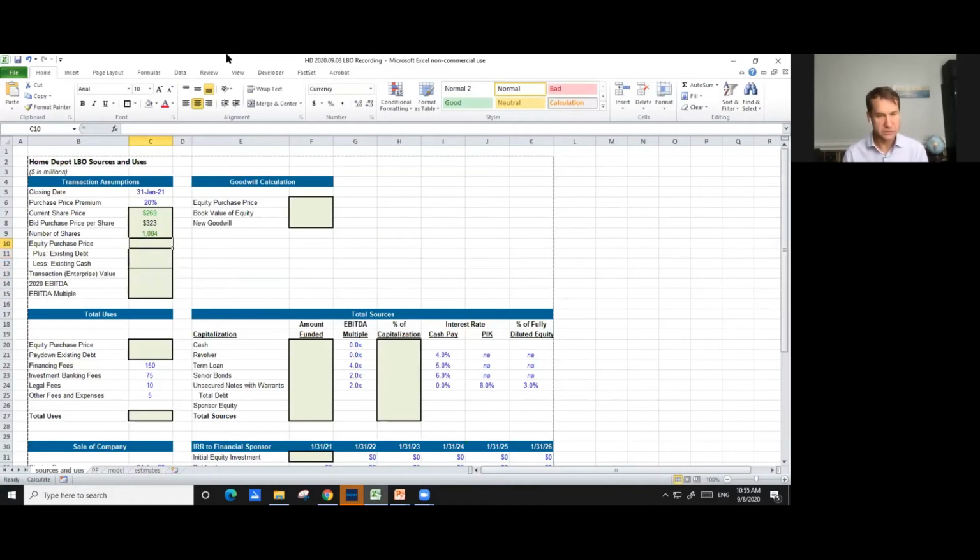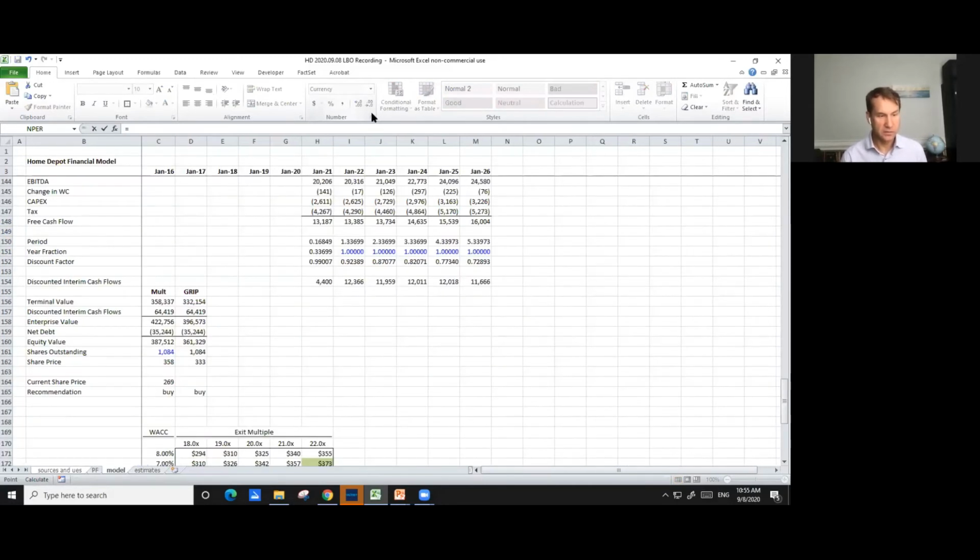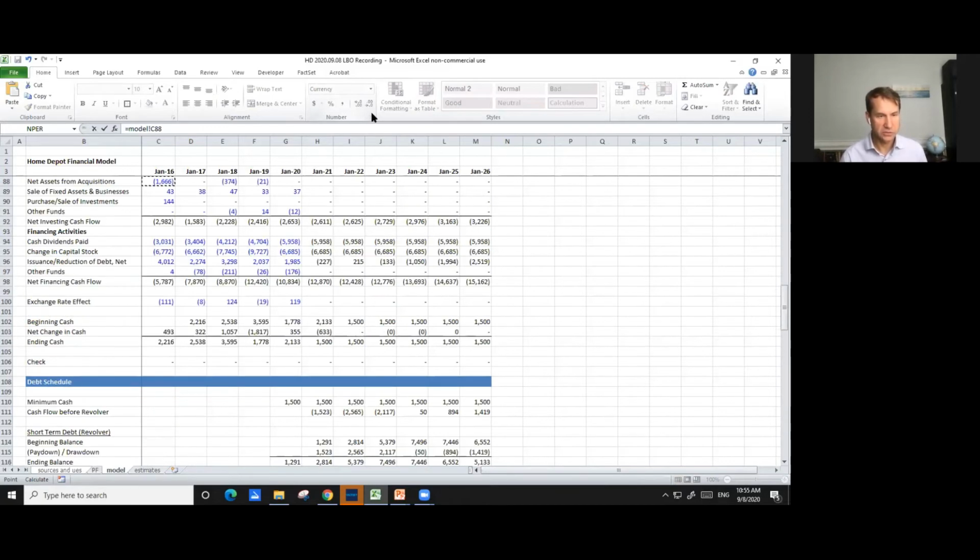Equity purchase price, we've done this calculation a few times. It's purchase price per share times number of shares. I'll remove the number of decimals here. So debt, I talked about it. We'll take debt from the model as of January 2021.